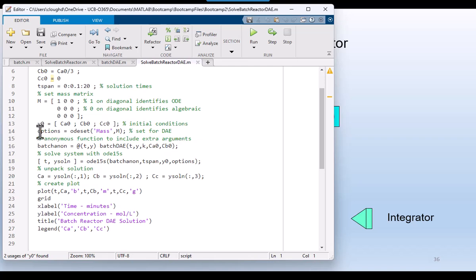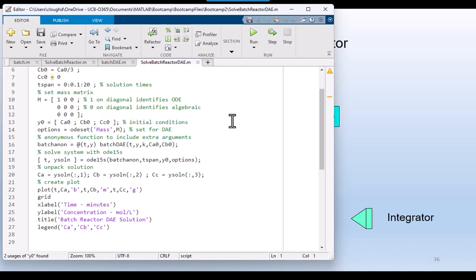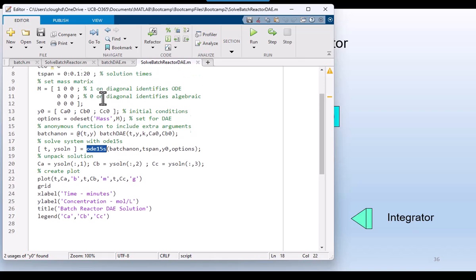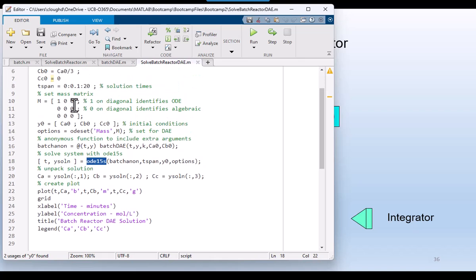And then we use an option statement with ODE set where we indicate that the mass matrix is identified as M, all right? And then the final step here, which is required, is that we have to use a different integrator function, in this case ODE15S, which accommodates the use of algebraic equations in addition to differential equations.